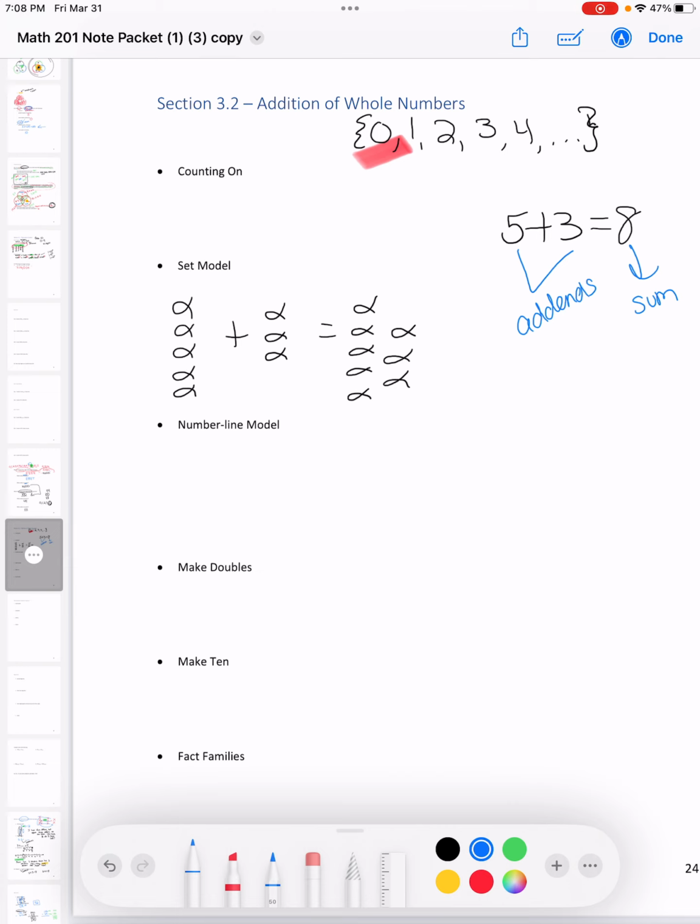All right, we also can have a number line model. Number lines are super, super helpful. We're going to see number lines used throughout the course. The good thing about number lines is you can make adding a little bit more fun, because it's really easy to make games with number lines, moving different objects up and down a number line, or even thinking about Chutes and Ladders, or having to add how many spaces you go.